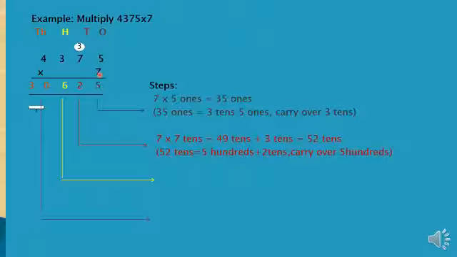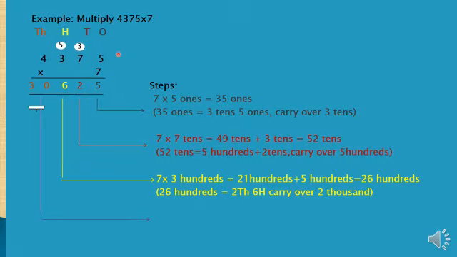Next you have to multiply 7 with 7 tens, that is 49 tens, plus 3 tens, it is 52 tens. 52 tens is same as 5 hundreds and 2 tens. Therefore, write 2 under tens place and carry 5 to hundreds place.